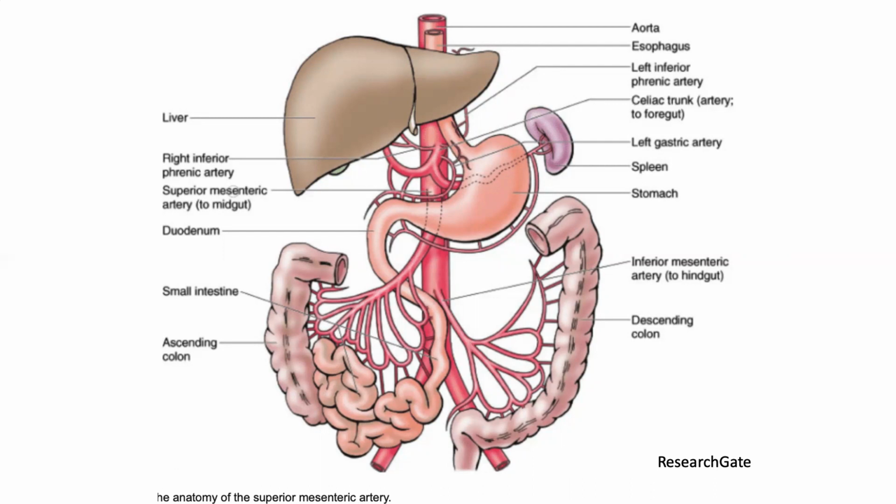And as a reminder, the paired branches, which means we have right and left arteries, are the renal arteries and gonadal arteries. If you look at the celiac trunk, it will go to the liver, the spleen, and the stomach.